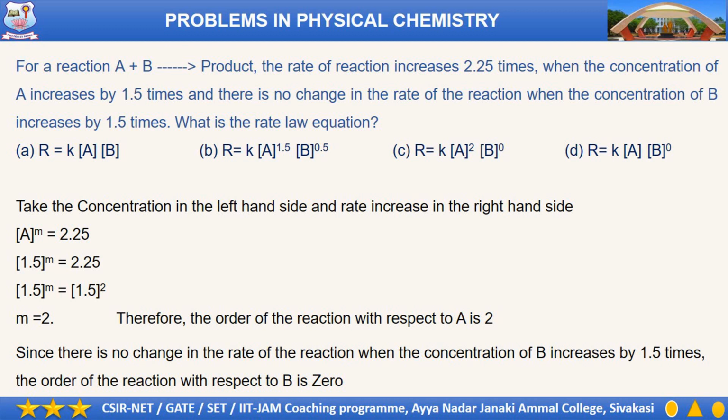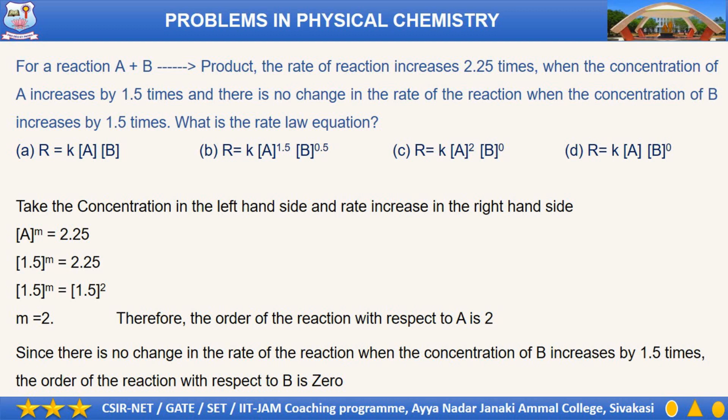And C option, R is equal to K into A power 2 into B power 0. And D option, R is equal to K into A into B power 0. You have to find out which is the correct option.